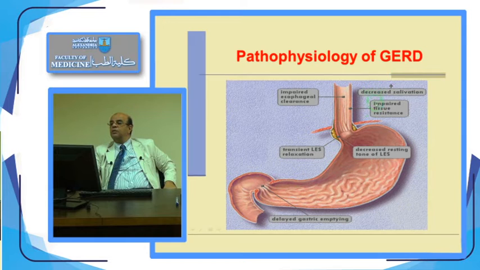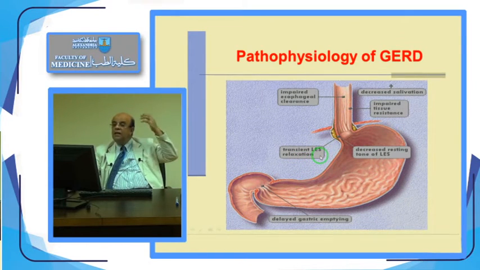So the pathophysiology of gastroesophageal reflux disease includes impaired esophageal clearance, diminished peristalsis, decreased salivation, impaired tissue resistance of the mucosa, and decreased resting tone of the lower esophageal sphincter, what we sometimes call transient lower esophageal sphincter relaxation, that occurs for unknown reason, especially at night.